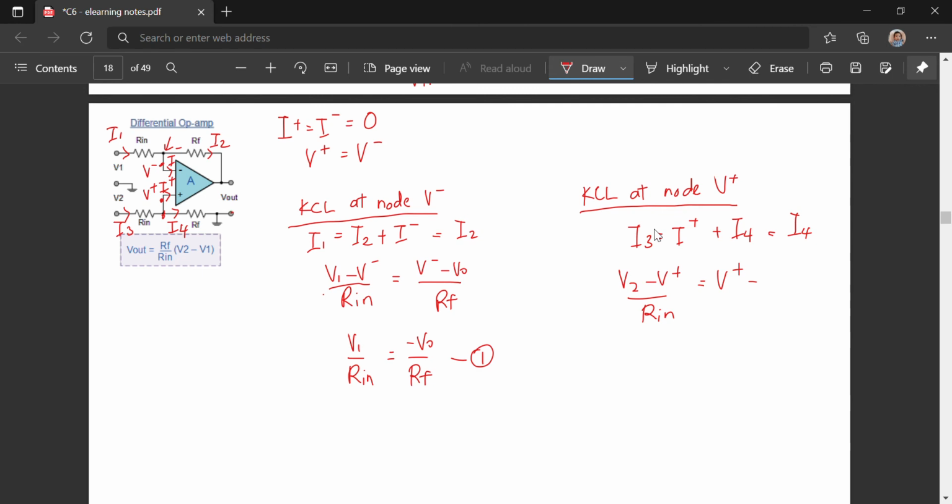Here the reference is connected to ground, therefore V plus minus 0 divided by R F equals 0. Then V plus is also 0. Therefore, V2 over R in equals 0. So this is equation number 2.